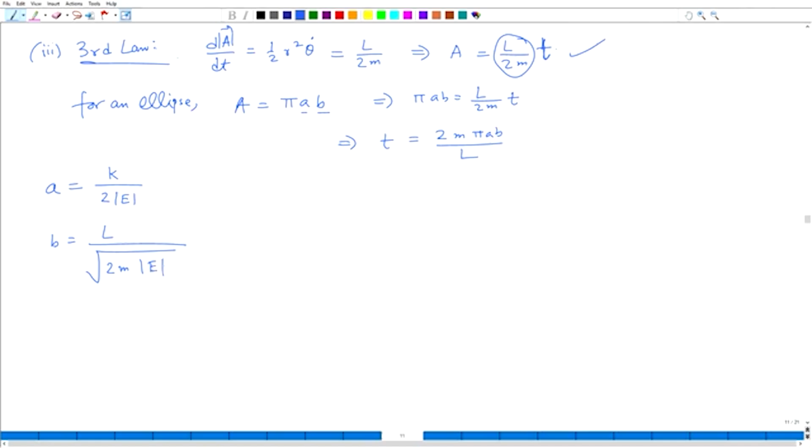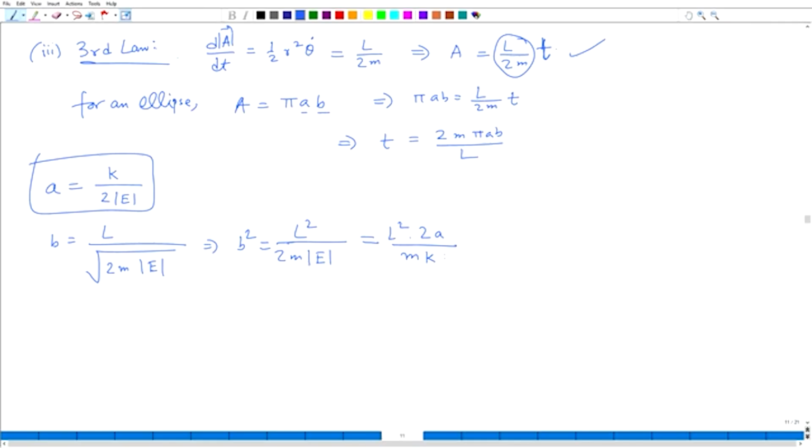If you do this, you will see B square will be equal to L square by 2m modulus of E, and then using the relation for A, B square is equal to L square times 2A by mk.